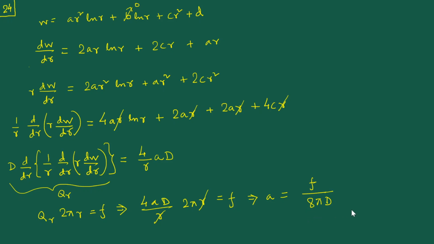So currently, I know about my B, that is 0. I know about my A. All that I don't know is C and D.